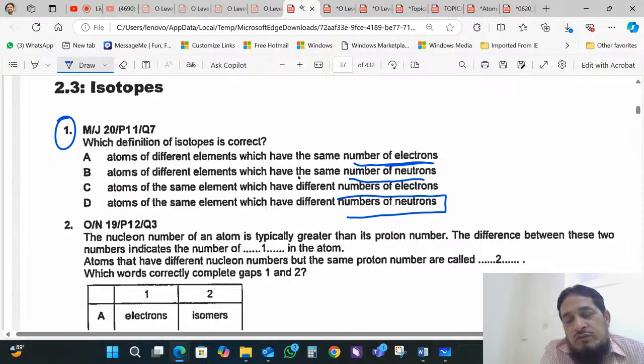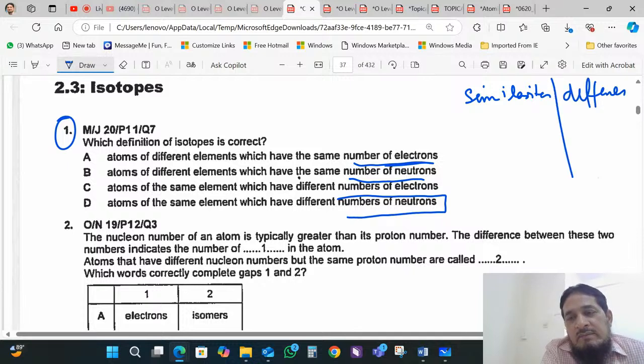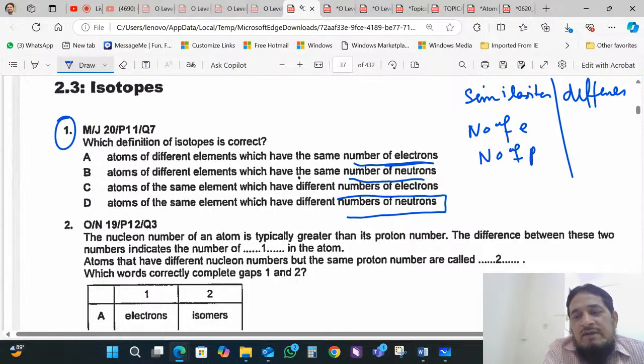What you should do, you should write the similarities and the differences between the isotopes. The similarities are that their number of electrons are the same, number of protons are the same, and the chemical properties. Actually, the chemical properties simply depend upon the number of electrons.